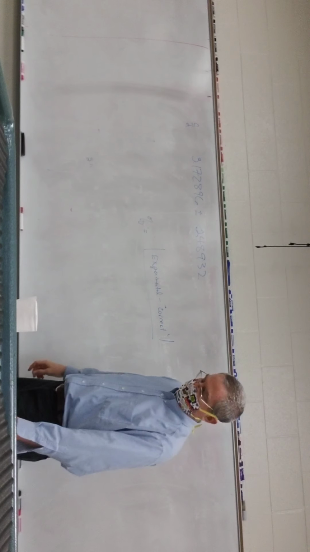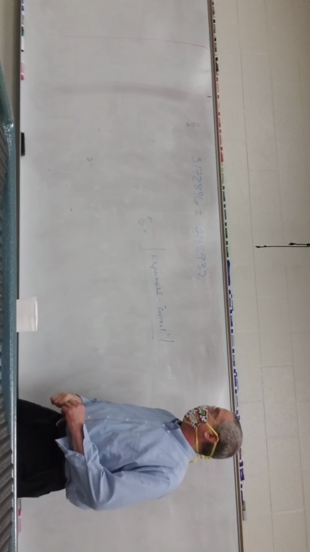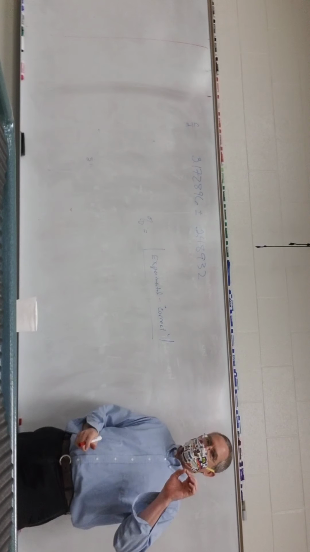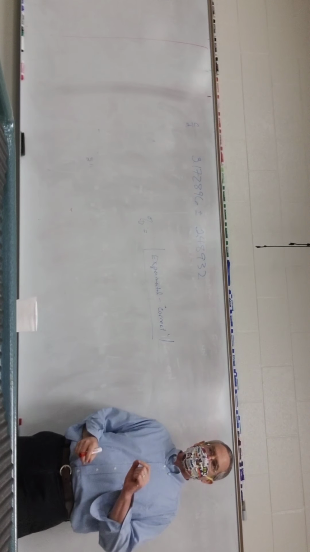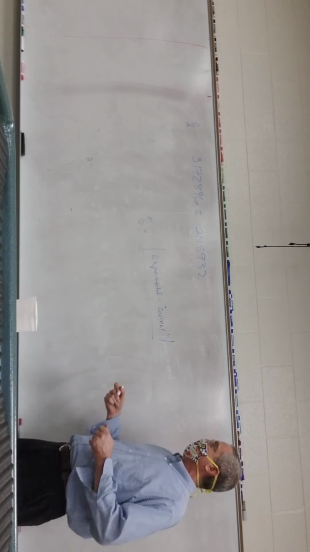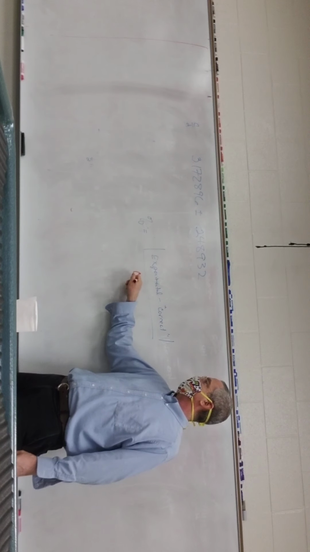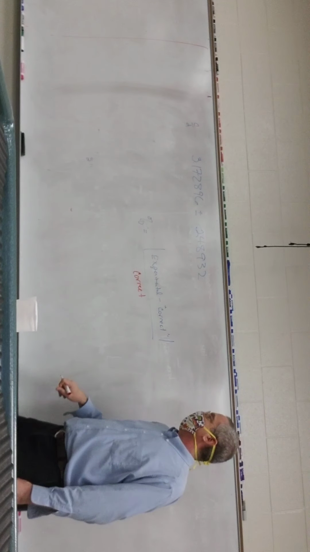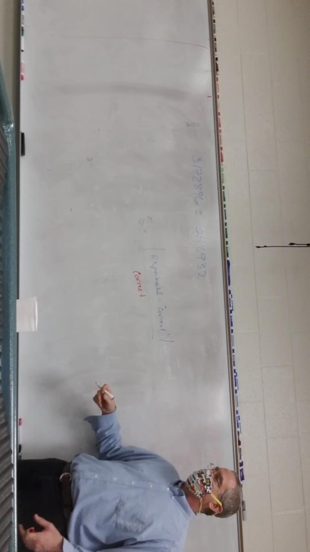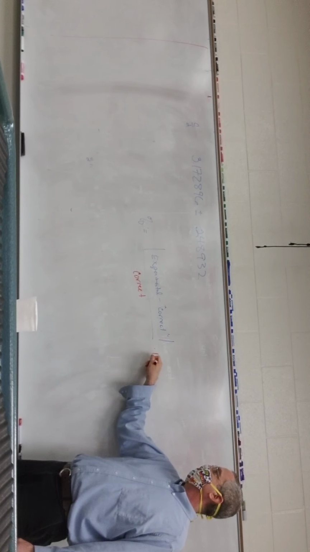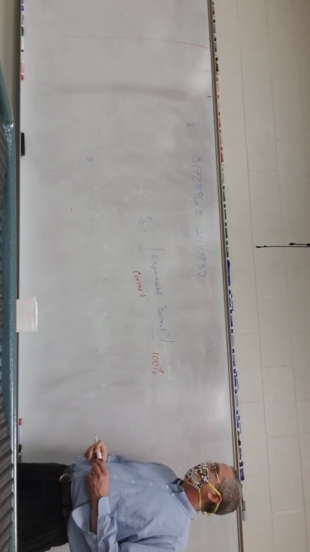Percent error implies that there is an error, which implies that there is an actual correct value, and so you'll compare this to the correct value. That gets you some decimal, and then you multiply to get into percent form.